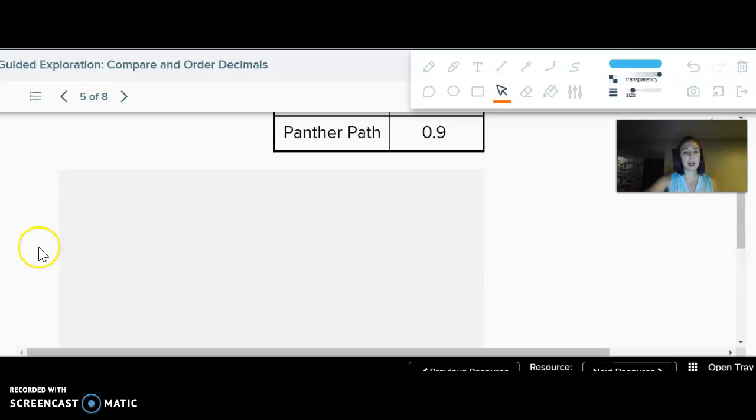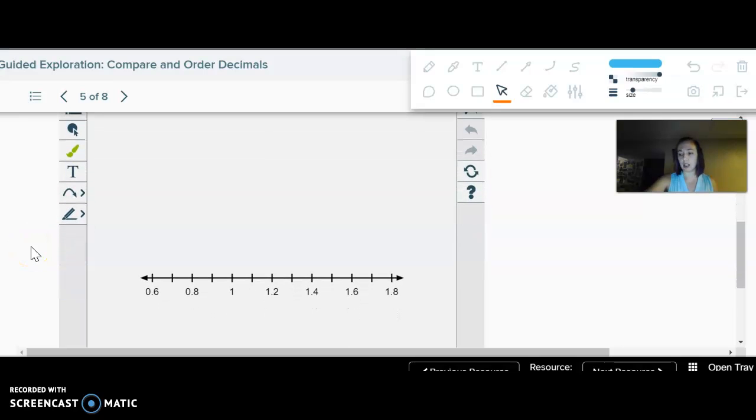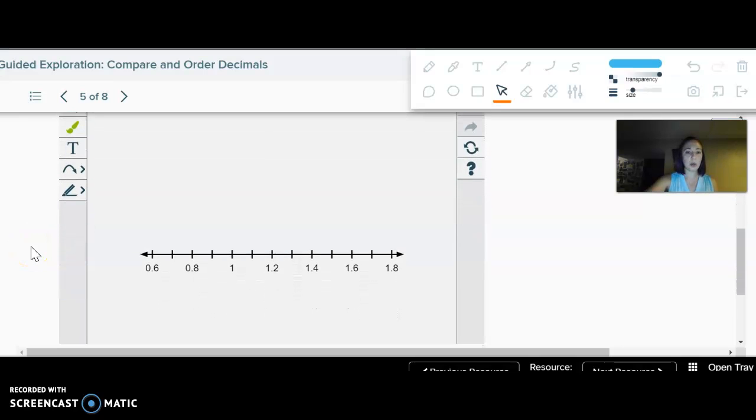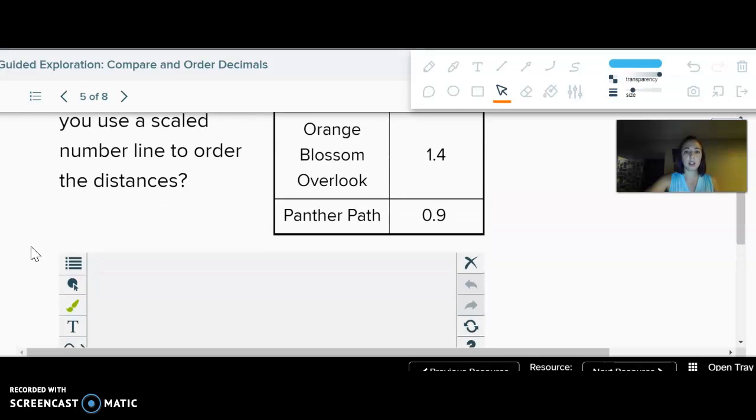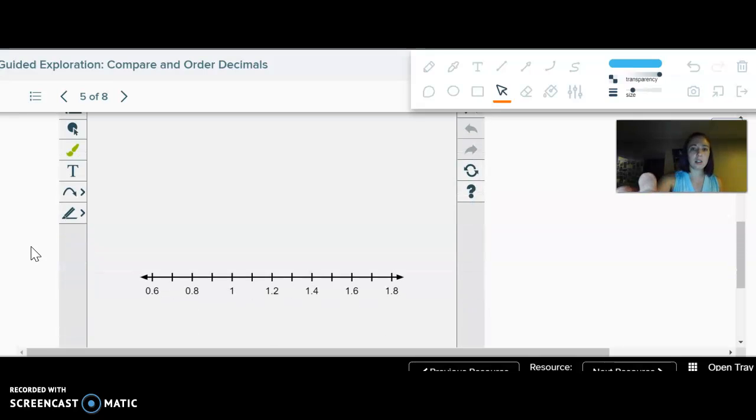So if we say we had this number line down here, where would I put the numbers on there? Well, 0.9. If this is 0.8, this one would be 0.9. 1 and 25/100ths. 25 is halfway between 2 and this one.